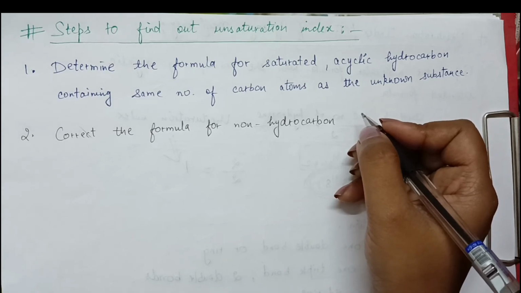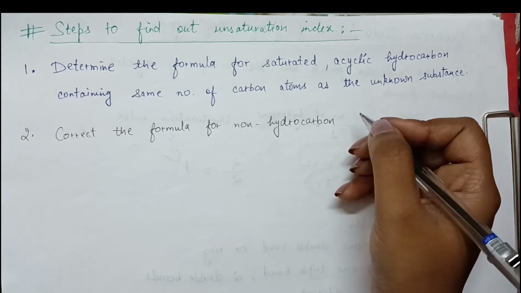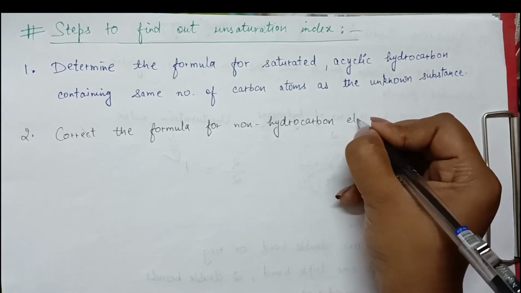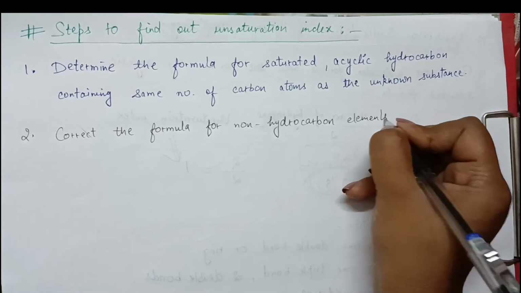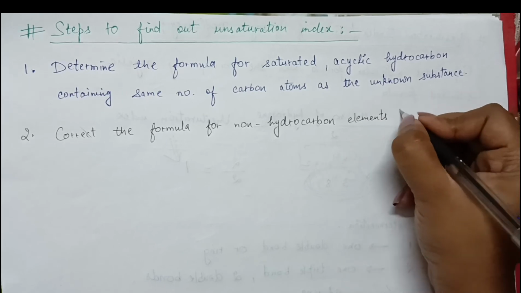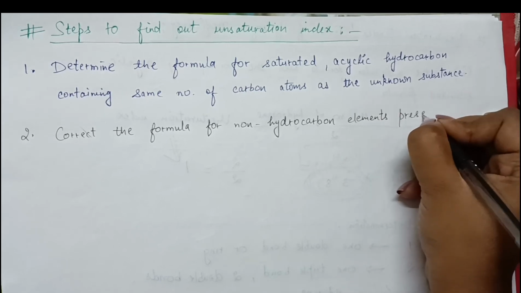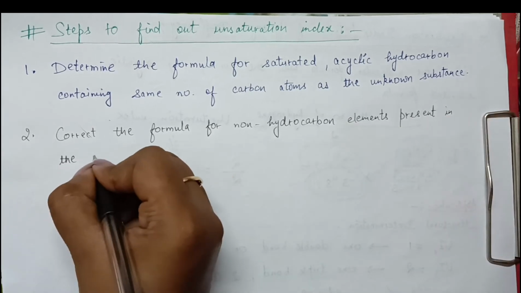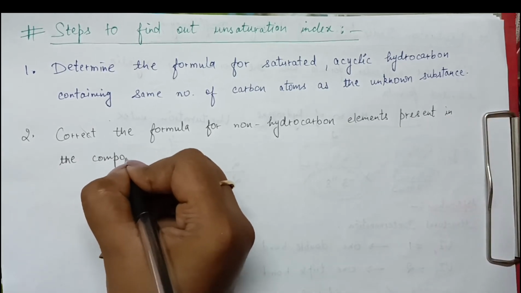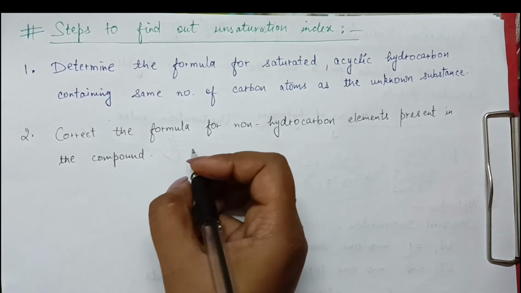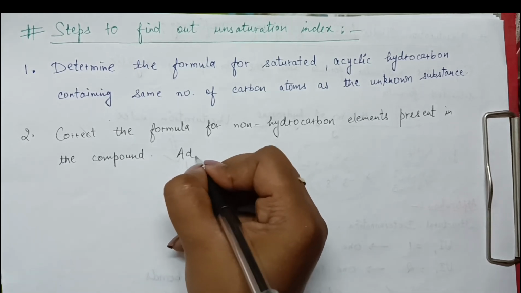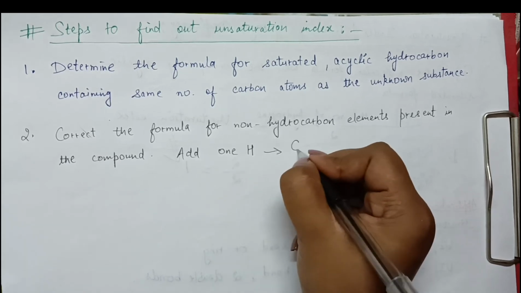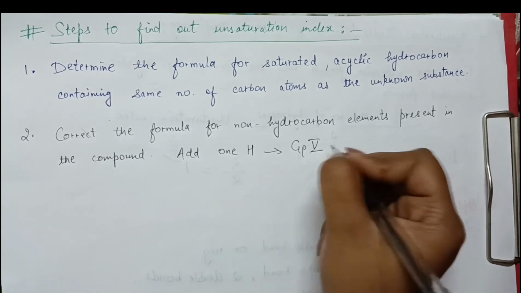Non-hydrocarbon elements means what? Group 5, group 6 or group 7 elements which we have discussed earlier. For non-hydrocarbon elements present in the compound, add one hydrogen if a group 5 element is present, right?